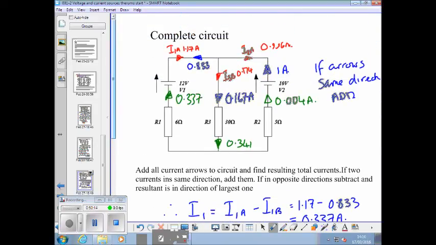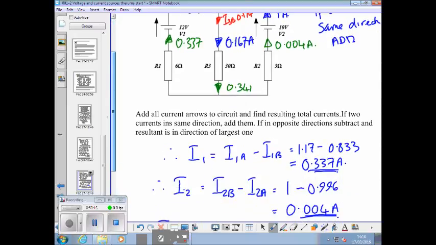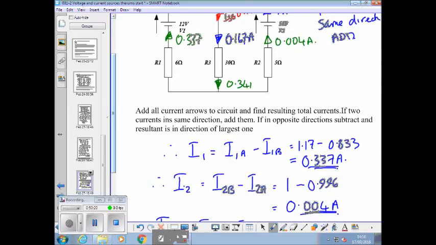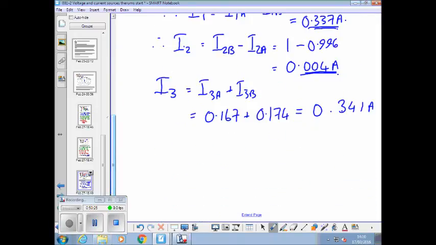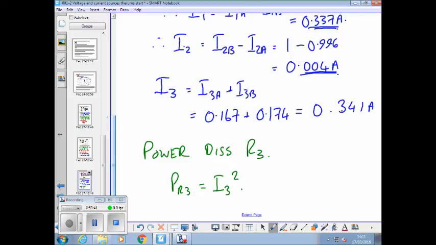And to answer the original question, what's the power dissipated in the 30 ohm resistor? There's the 0.341 squared times 30.